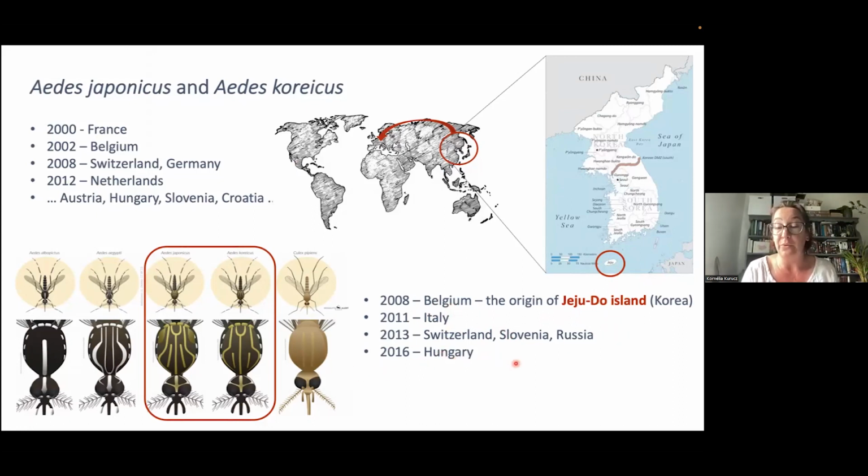We found it in 2016. And the same year, it was also found in Germany, but the specimens that the German colleagues found looked a little bit different compared to the Belgian population, but I will talk about that later.